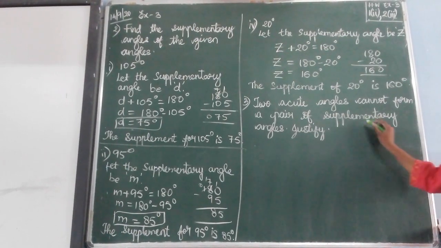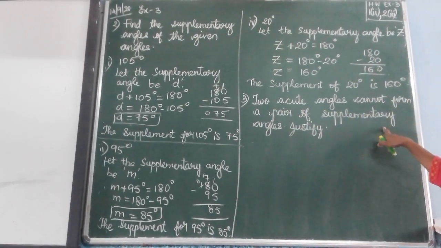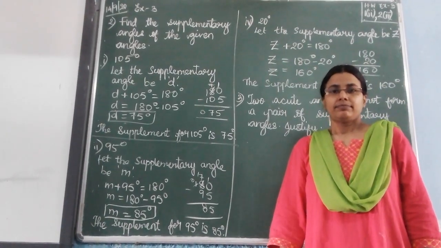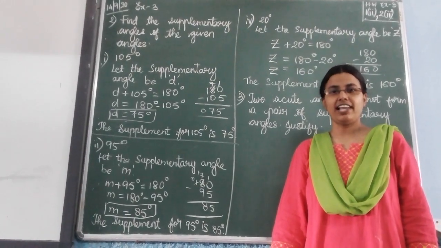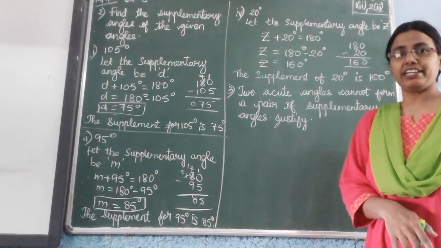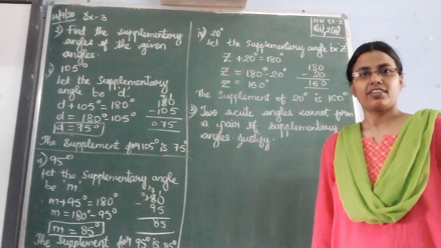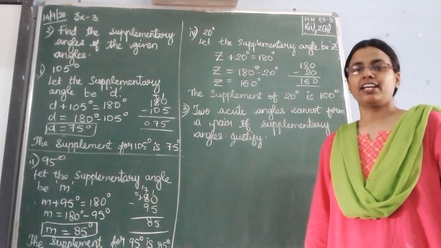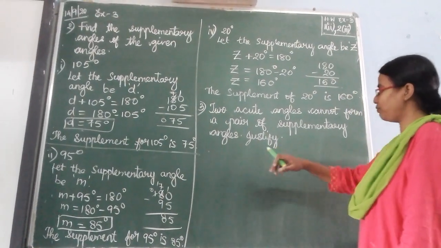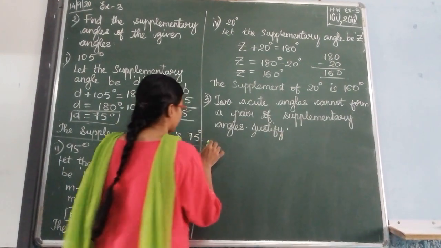Good. So now the third problem. Two acute angles cannot form a pair of supplementary angles, justify. What are acute angles? Yes, which are less than 90 degrees. So two angles which are less than 90, if you add up both of them, what will be the answer? Yes, it will be less than 180 degrees. So we can tell that two acute angles cannot form a pair of supplementary angles.